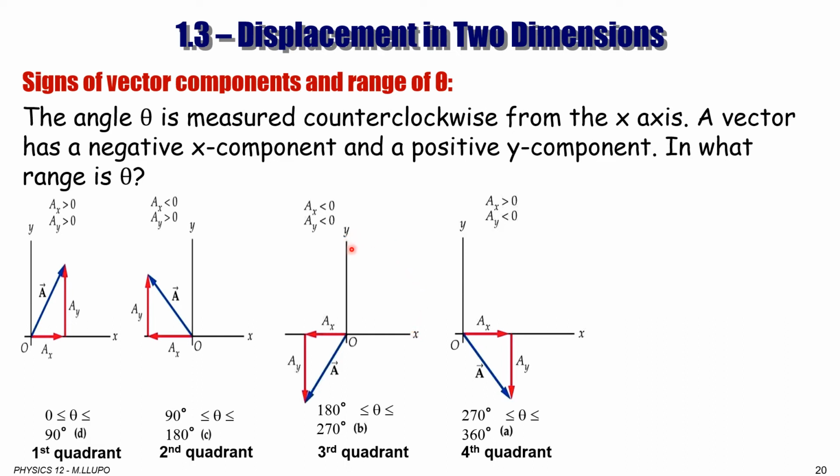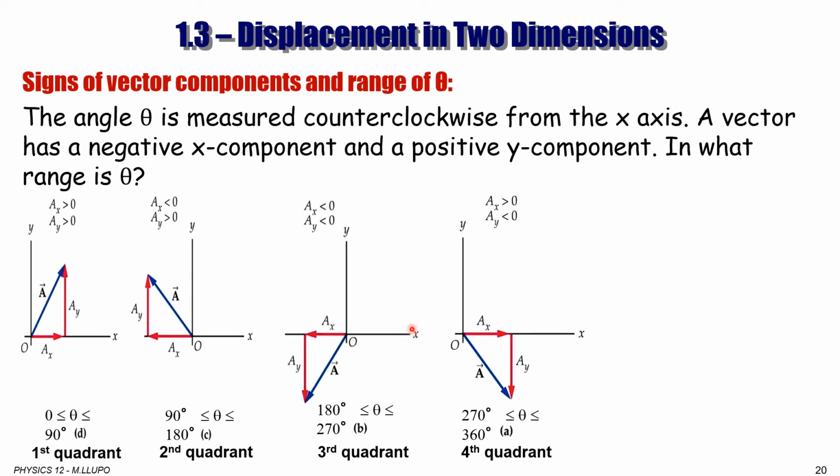on the positive direction of the y-axis, and that goes to 180 degrees on the negative direction of the x-axis, and goes to 270 degrees on the negative direction of the y-axis, and goes back to 360 or 0 at the x-axis.